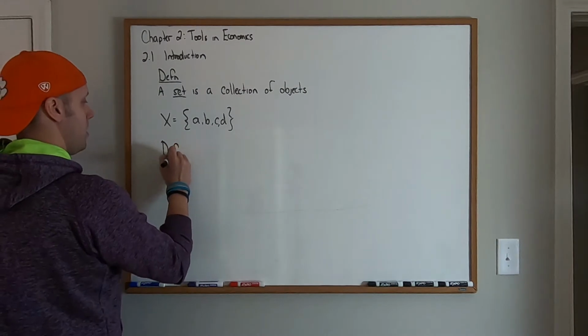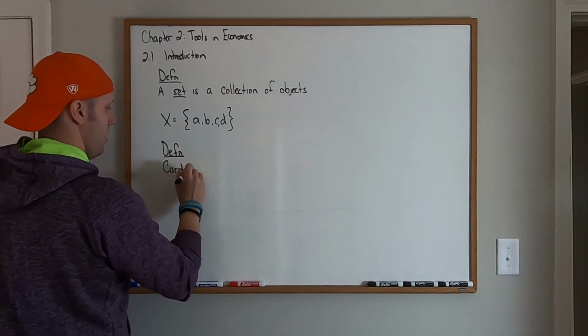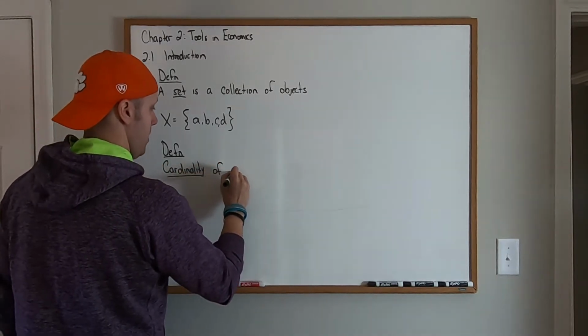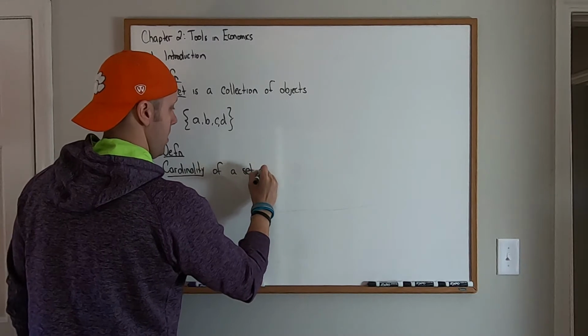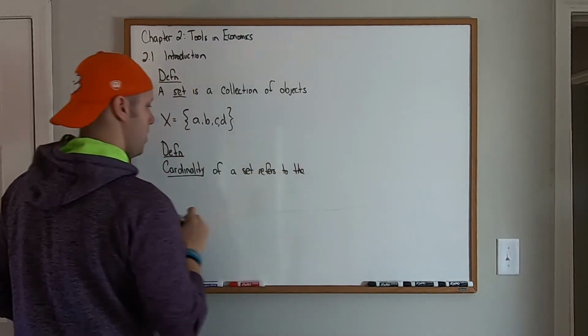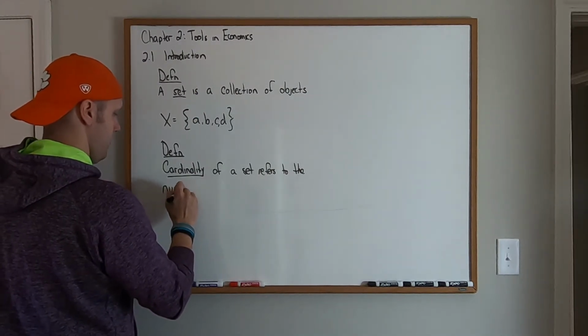Another definition. Cardinality of a set refers to the number of elements in the set.